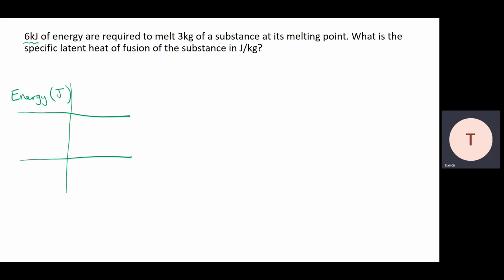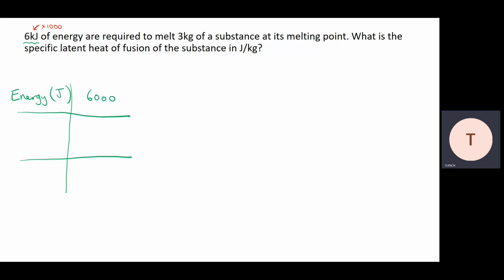And by doing this, I'm reminding myself that I need to change this from kilojoules into joules. Whenever I see kilo, that means I need to times it by 1,000, in the same way that there are 1,000 meters in a kilometer, there are 1,000 joules in a kilojoule. So my energy is 6,000 when it's being measured in joules.